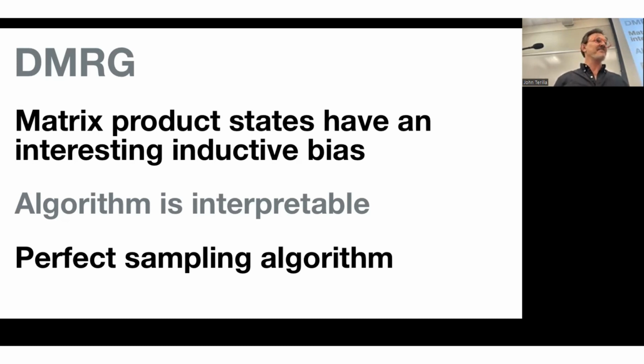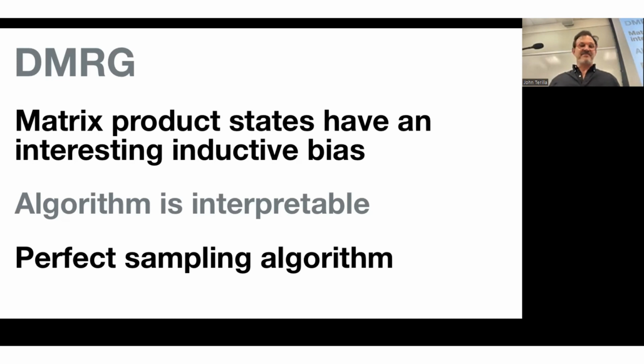Also, the algorithm's interpretable. It's deterministic. I know what it does at every step. It's not a black box. It's linear algebra. And at the end, there's a perfect sampling algorithm. If I've learned a probability distribution, you don't have to do Monte Carlo or anything. I can just sample directly from the actual distribution defined by this function.